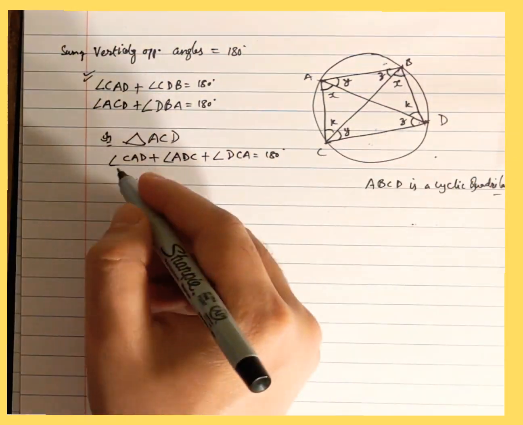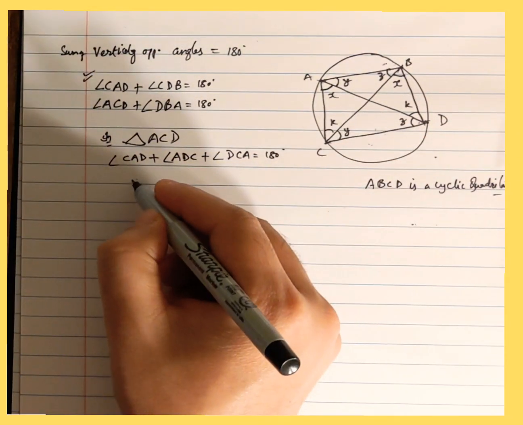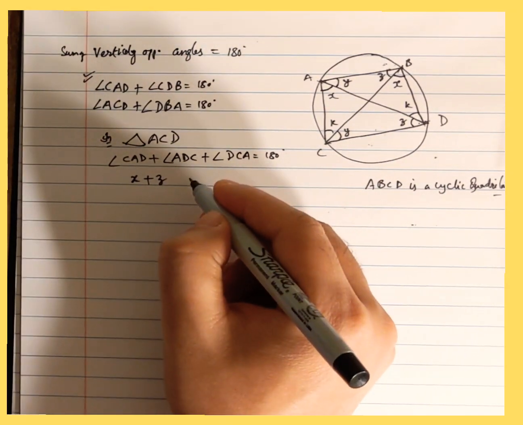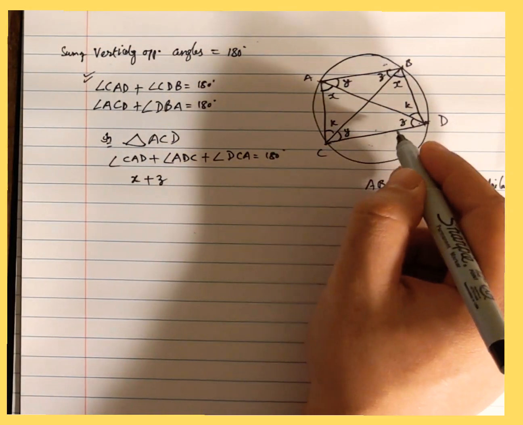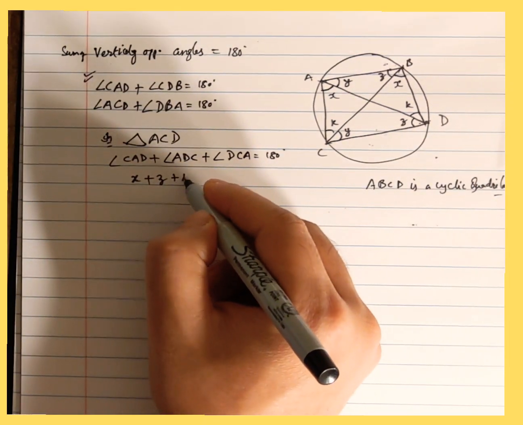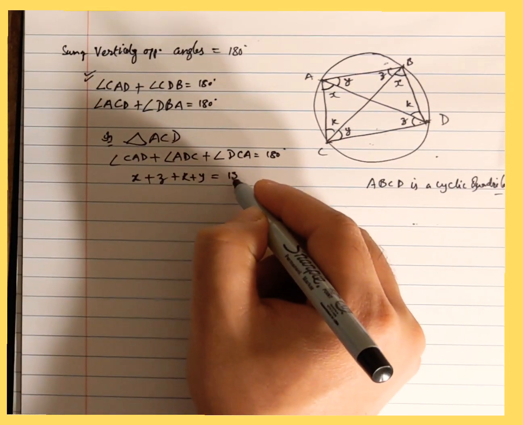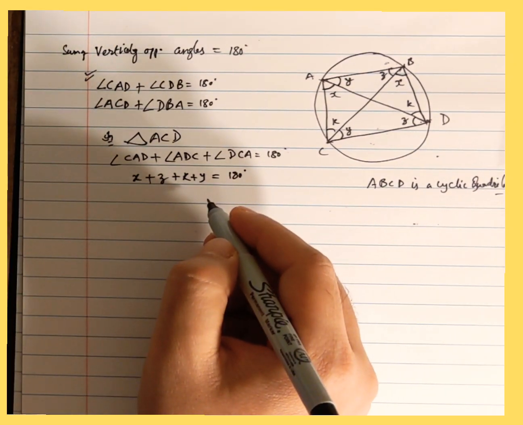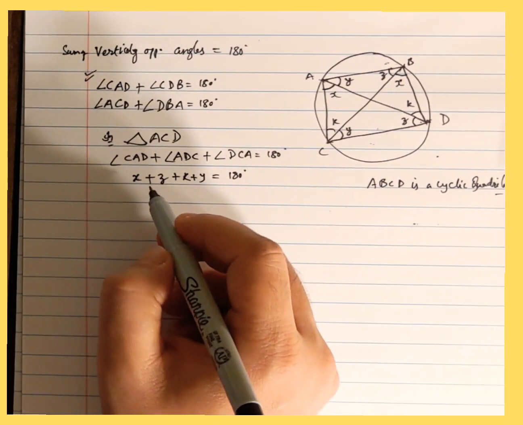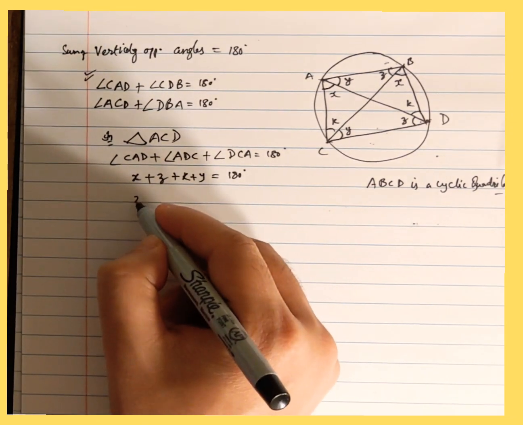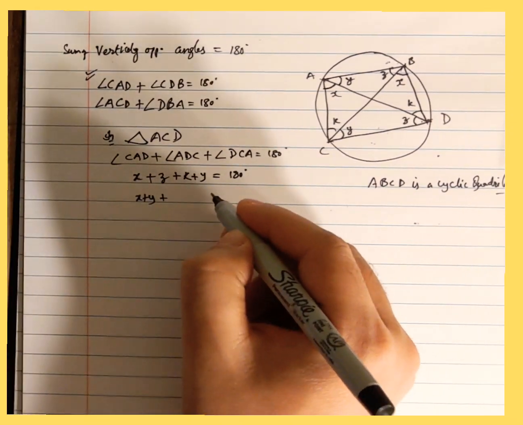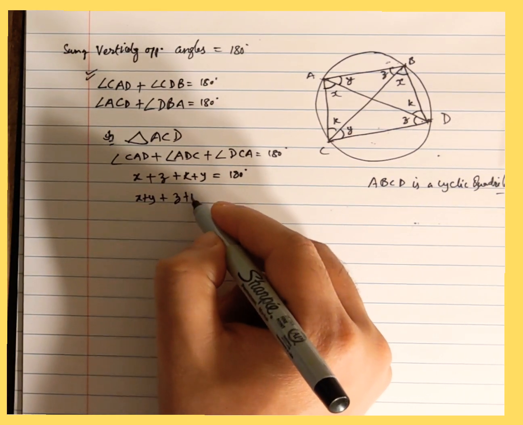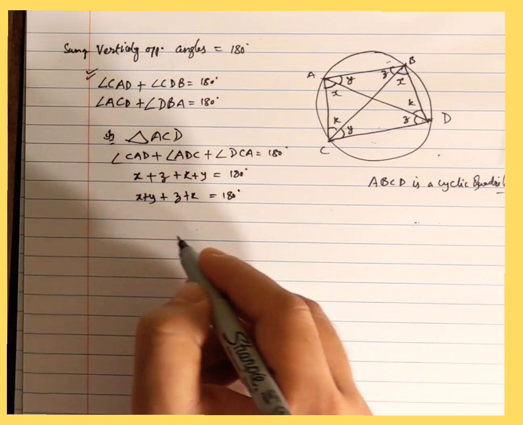Now if you substitute the values, angle CAD is X, angle ADC is Z, angle ACD is K plus Y. So this is equal to 180 degrees. Now if you rearrange it, you can have X and Y together, so X plus Y plus, you can have Z and K together, equals 180 degrees.